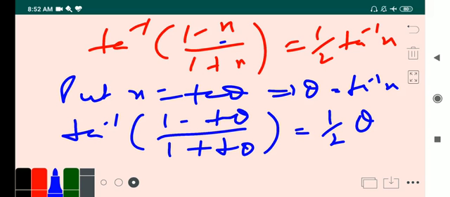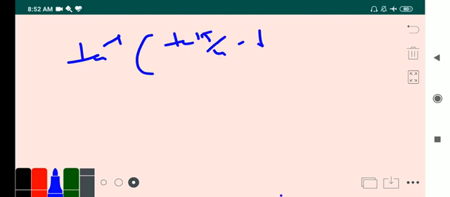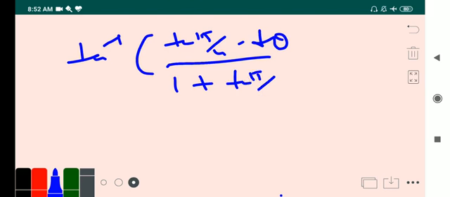And we know that 1 can be written as tan pi by 4. So this can be written as tan inverse of tan pi by 4 minus tan theta upon 1 plus tan pi by 4 tan theta, equal to half theta.